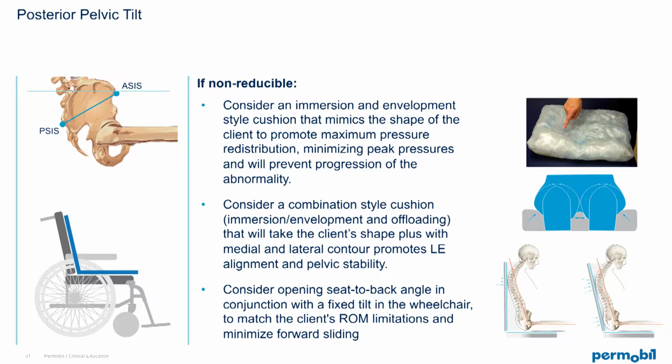You might also want to consider a combination style cushion where it's an immersion envelopment that sinks it in and takes that person's shape, plus offloads pressure, and really has some pre-contoured shape of the medial and the lateral contour to then promote lower extremity alignment and pelvic stability so it doesn't get any worse.